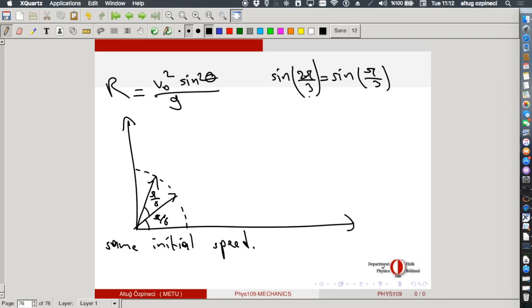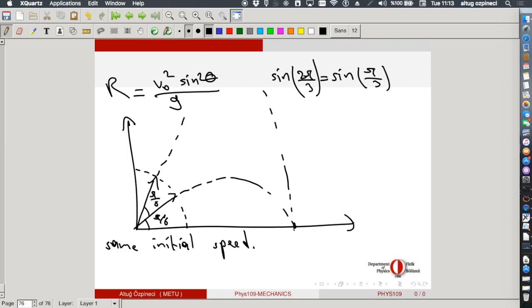So for these two angles, they just compensate. So the smaller one will have such a trajectory. The other one will have such a trajectory. Now, they are supposed to be parabolas. They are supposed to be symmetric, let's say, but they will have the same range.